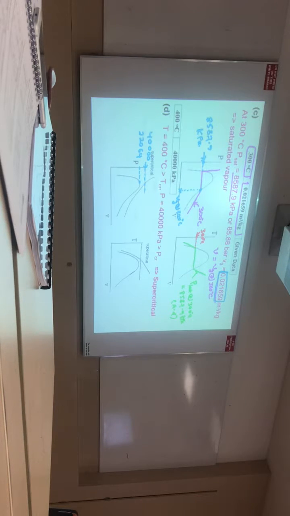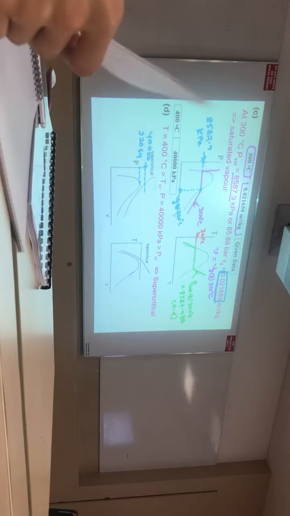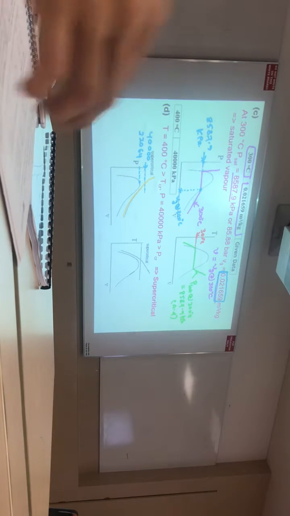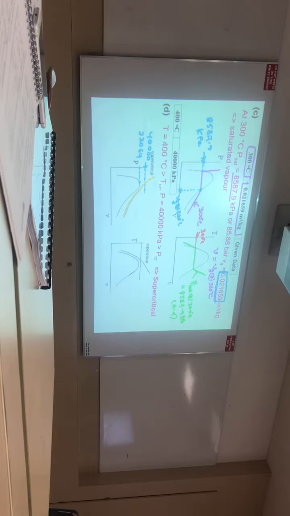So what is the critical temperature? This indicates 400 degrees Celsius. That means the temperature is higher than critical temperature. So this one indicates 400 degrees Celsius, and critical temperature is somewhere here, right? 373.95.